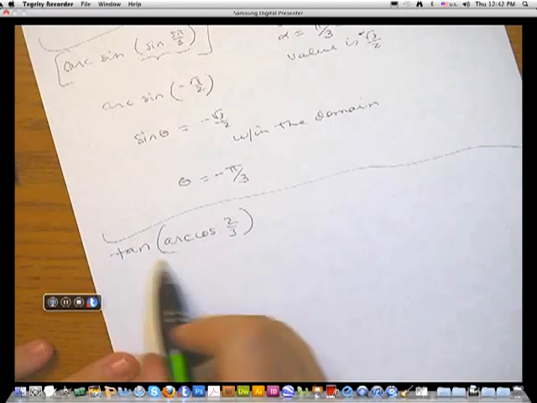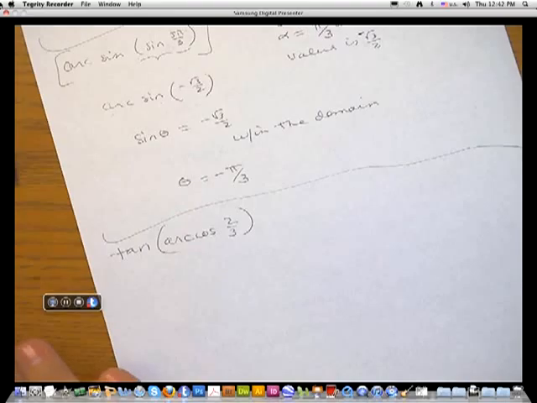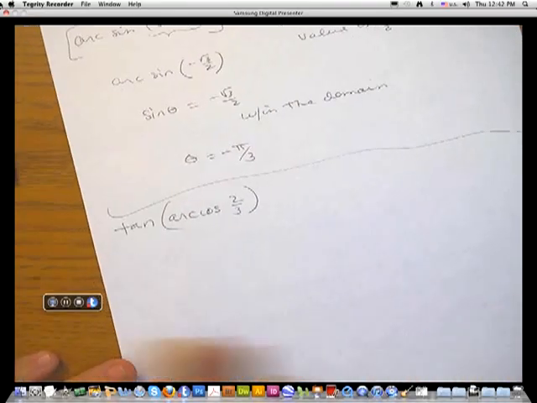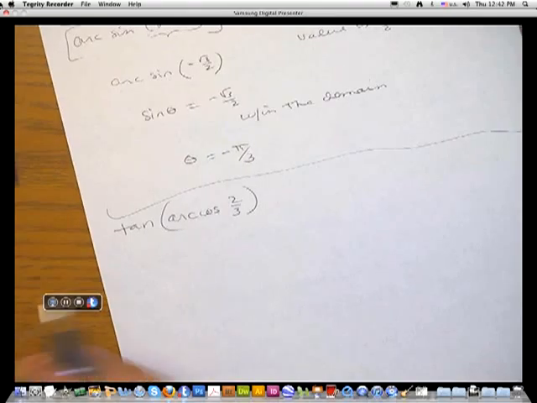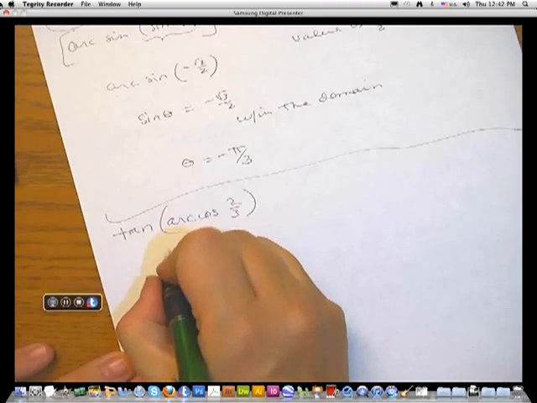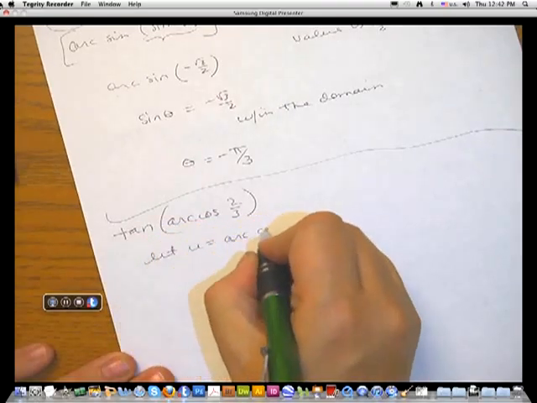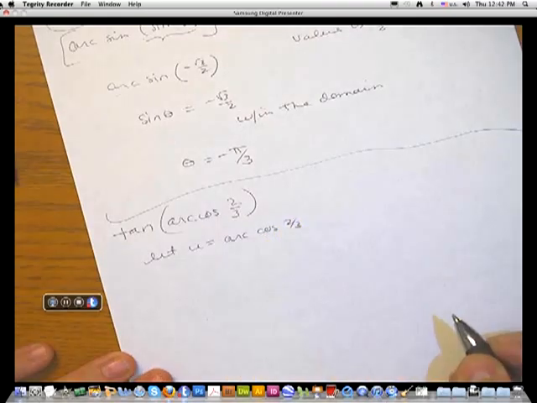So when you come across something like this, and also tangent and cosine don't match up, so I have a real problem here. I need to make sure that I have the same in order to be able to cancel them. So this process is always going to be the same. We're going to let u equal arccosine of 2/3.